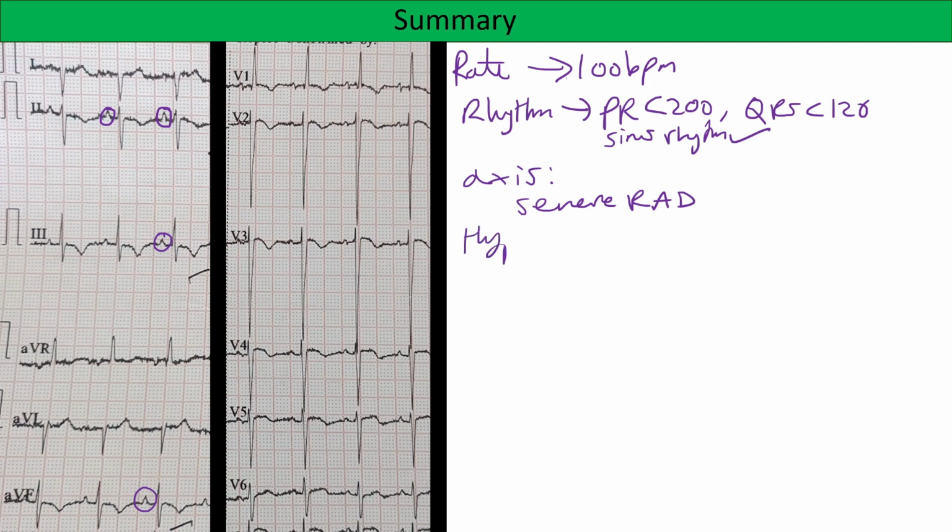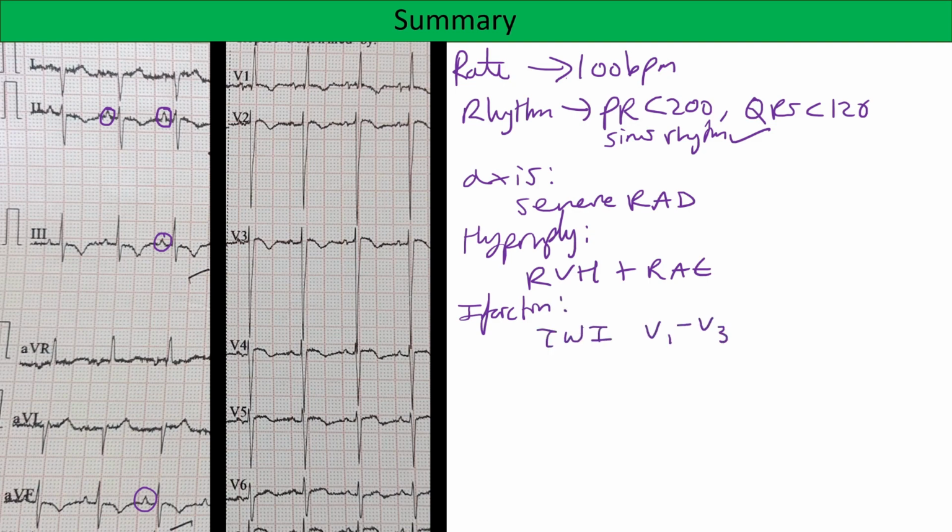Now let's move on to hypertrophy. So we saw that there was evidence of right ventricular hypertrophy and right atrial enlargement, because remember, the P waves were taller than 2.5 millimeters in lead 2. So rate, rhythm, axis, hypertrophy. Let's have a look at infarction. So we saw that there was T wave inversion in V1 to V3, plus the inferior leads, which are leads 2, 3, and AVF.